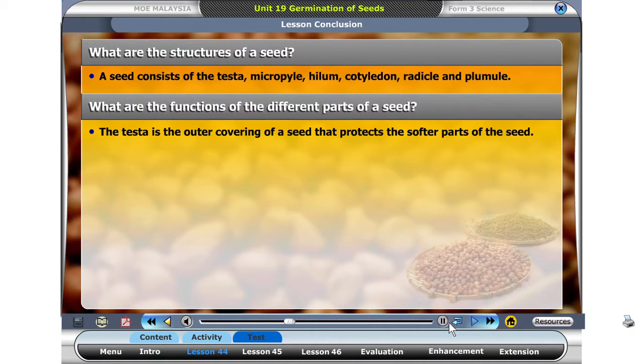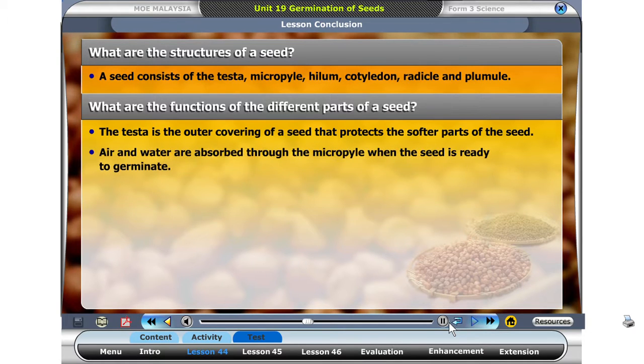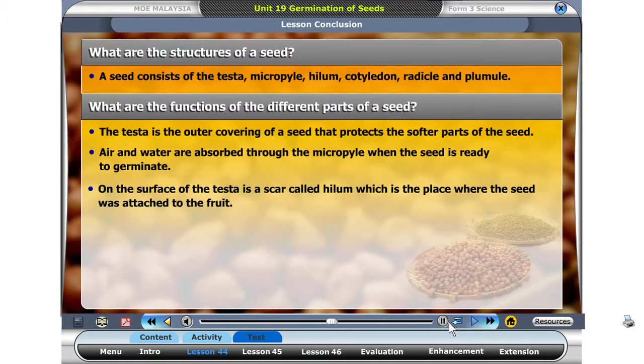The testa is the outer covering of a seed that protects the softer parts of the seed. Air and water are absorbed through the micropyle when the seed is ready to germinate. On the surface of the testa is a scar called hilum, which is the place where the seed was attached to the fruit.